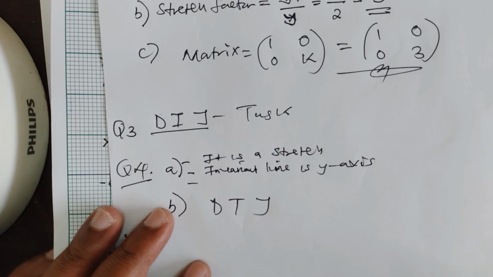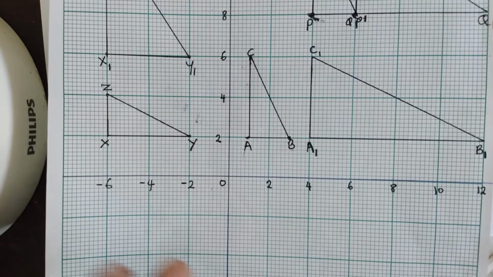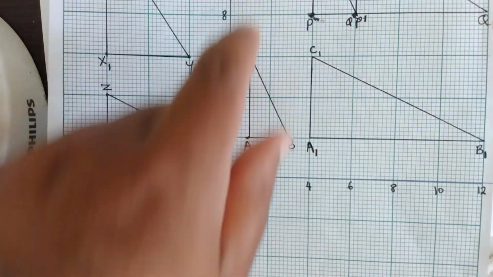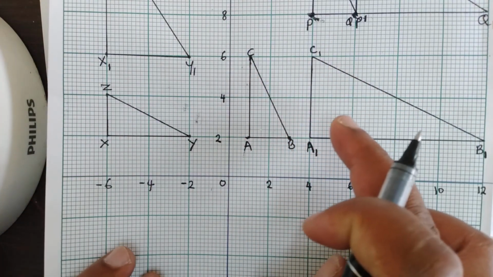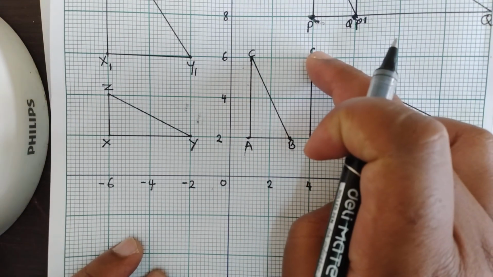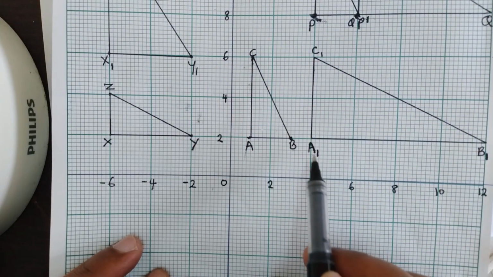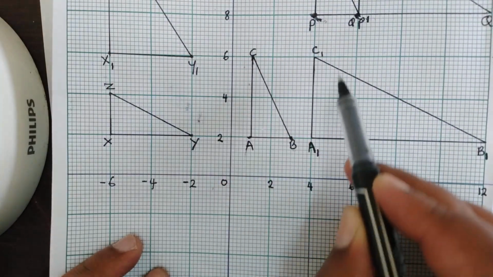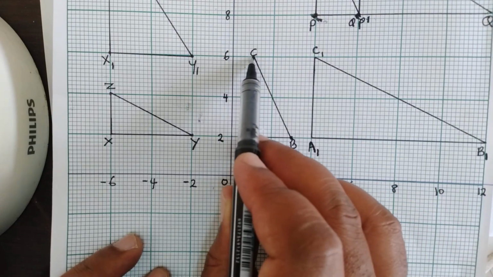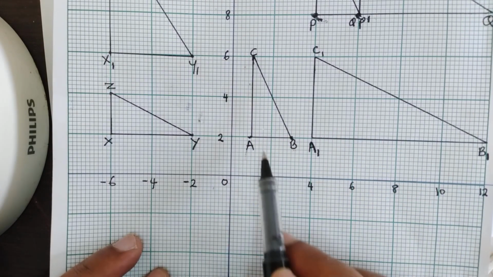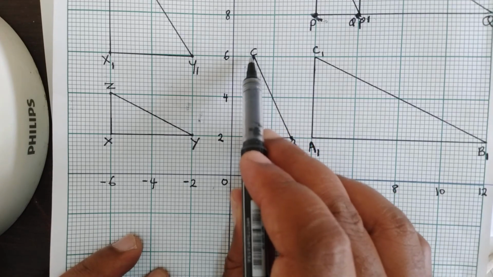Also, you need the stretch factor. If this is the y-axis, the invariant line, you can pick C1 and C. The distance of C1 from the invariant line is 4. C from the invariant line is 1. So 4 divided by 1 is 4.